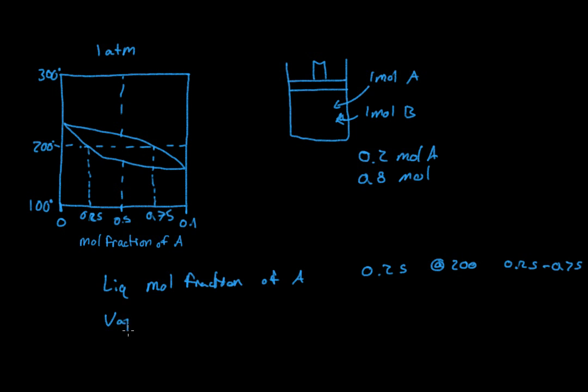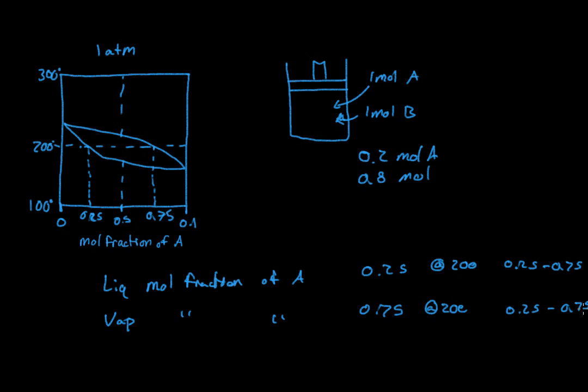The vapor mole fraction of A will always be 0.75 at 200 degrees when the entire system's mole fraction is between 0.25 and 0.75. So that's the basic idea.